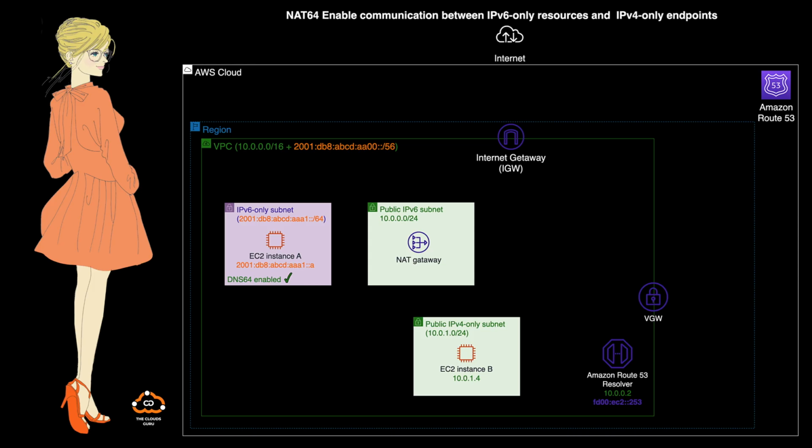Thank you for joining along with me from the first to the fifth scenario. We have enabled the DNS resolution for queries through the structures given. And now for our sixth scenario. We will use these steps and structures to enable communication between IPv6-only subnet resources and IPv4-only endpoints.